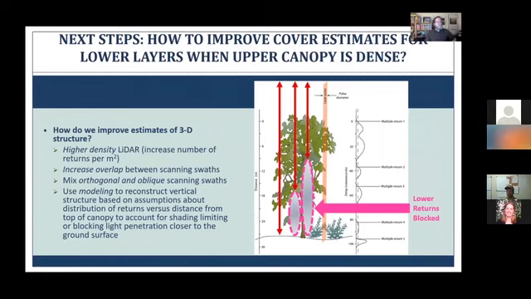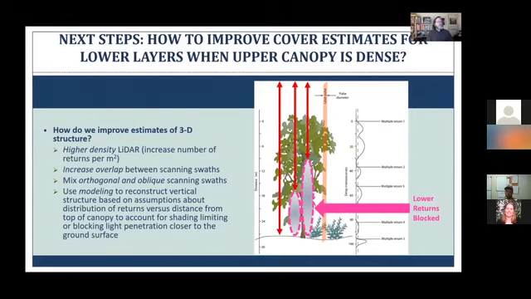And what can we do about that? Well, one is trying to get higher density returns of LiDAR. Maybe it was a situation where the LiDAR vendor could have done a better job, or maybe it met the technical specifications, but we need to increase what we're asking for.